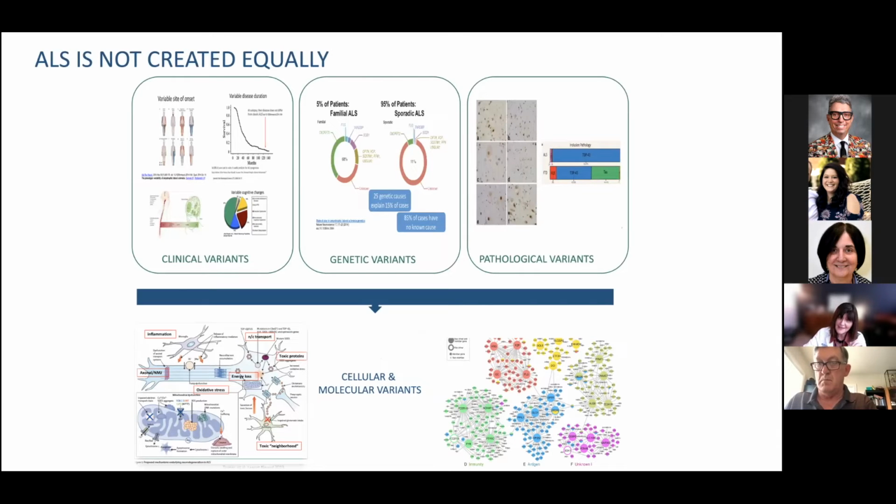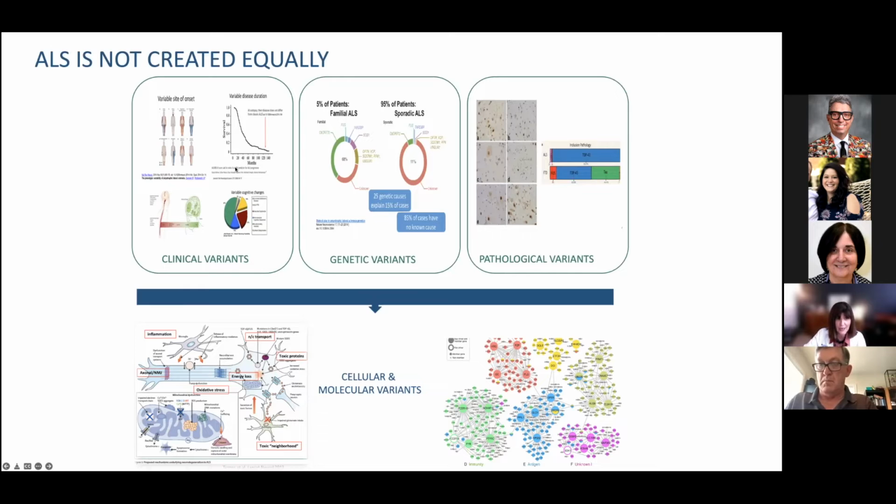ALS, unfortunately, is an incredibly complex disease that, we all know, is not really created equally. And therefore, our goal is to treat the patients; the one-therapy-fits-all approach perhaps may not work. We all know that ALS is heterogeneous, as we say, at the clinical, at the genetic, and also at the pathological level.